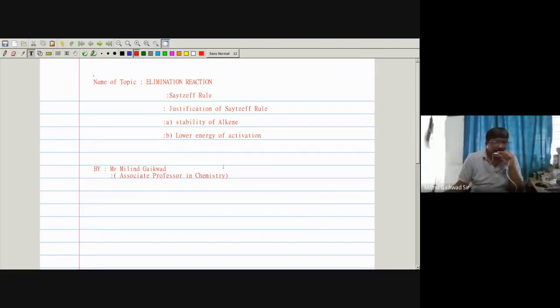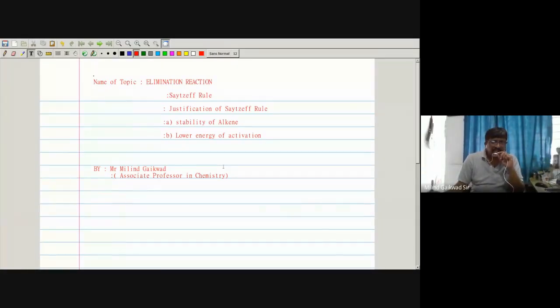In E2 mechanism, we have seen that bond breaking and bond forming take place simultaneously, and there is formation of the corresponding alkene. So it is a one-step process.